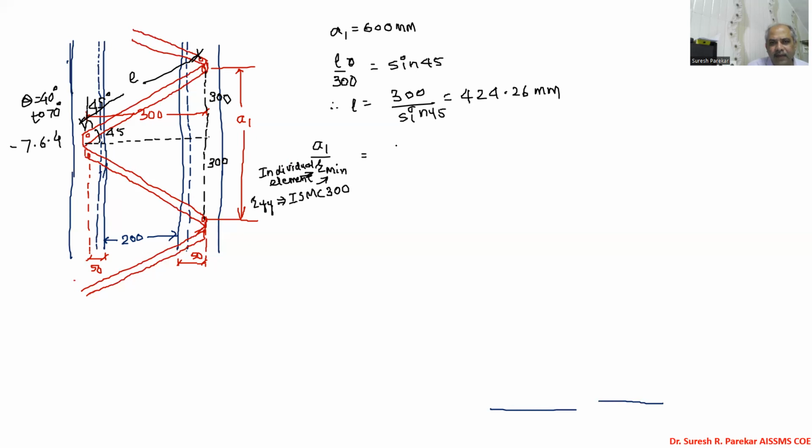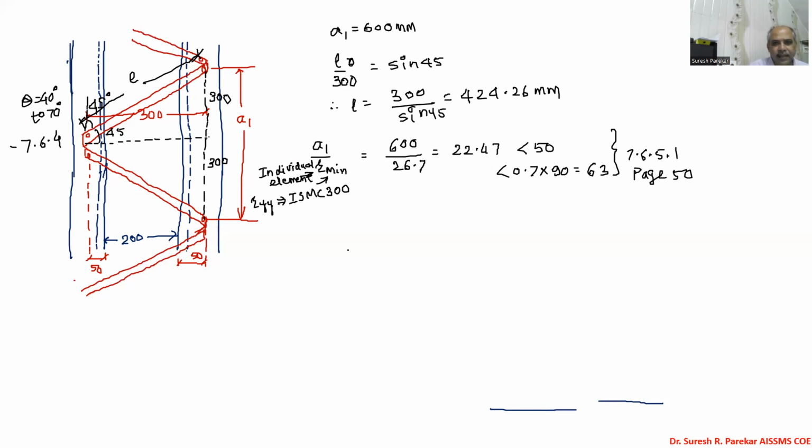And then we put A1, which we have calculated as 600, and r minimum, that is r yy for ISMC 300, is 26.7. And we will get this value 22.47. This value is less than 50, and this value is also less than 0.7 into 90, which is 63. This is according to clause number 7.6.5.1, page number 50.